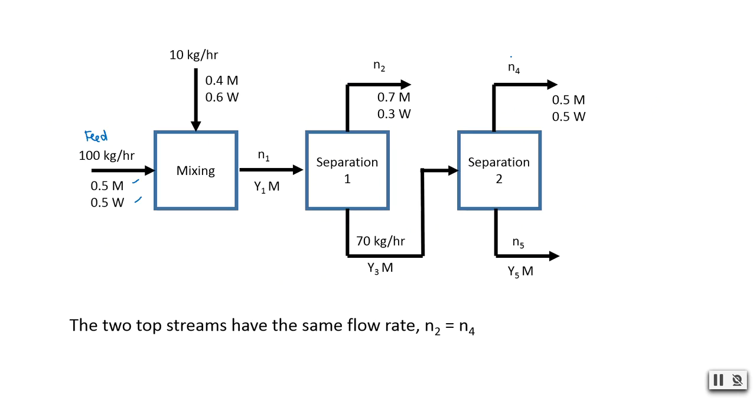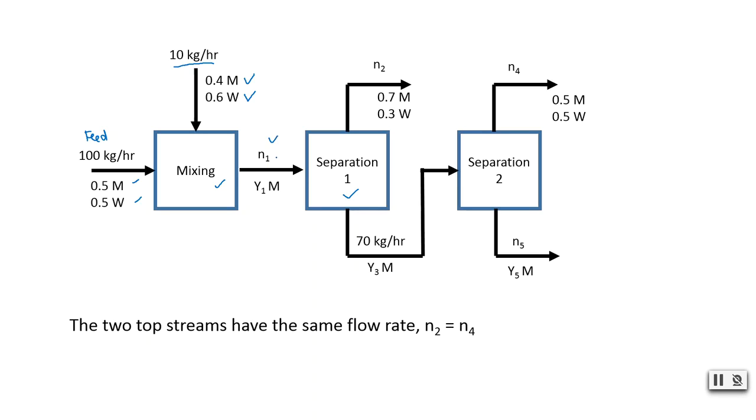Another stream goes in at 10 kg per hour, consisting of 40% methanol and 60% water, and this will be mixed in the mixing process before we go to separator one.